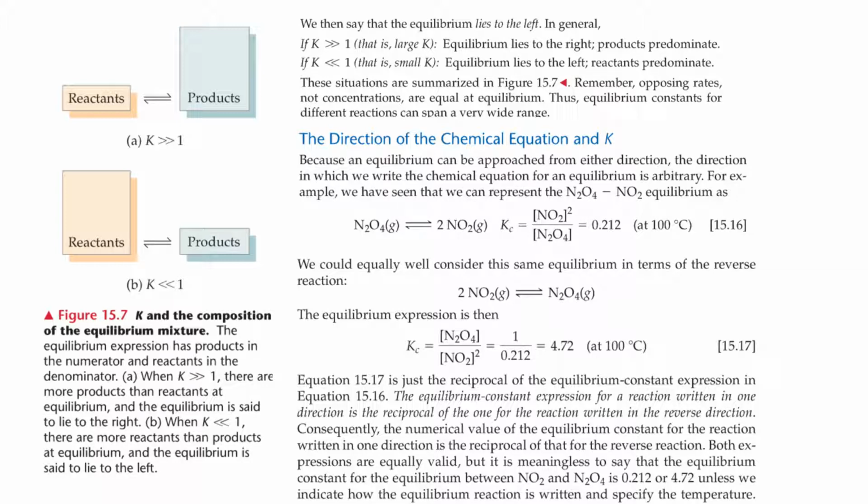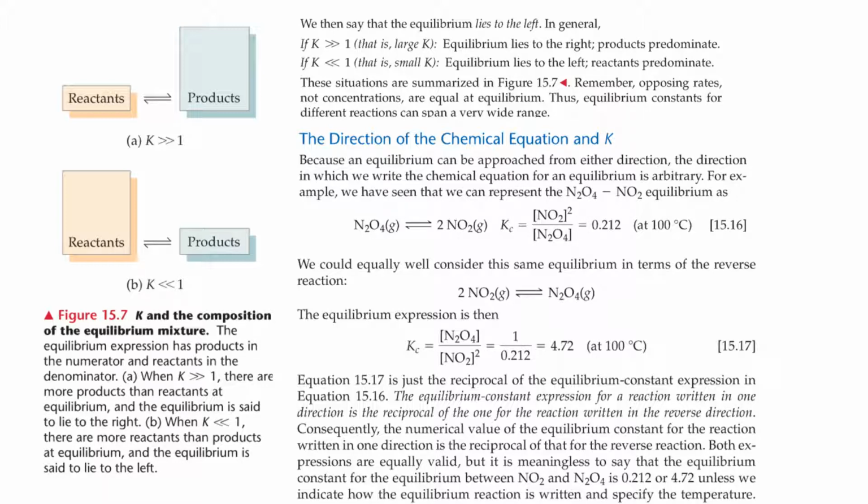We could equally consider the same equilibrium in terms of the reverse reaction. The equilibrium expression then equals the concentration of the dinitrogen tetroxide over the square of the concentration of the nitrogen dioxide, which equals 4.72 at 100 Celsius.